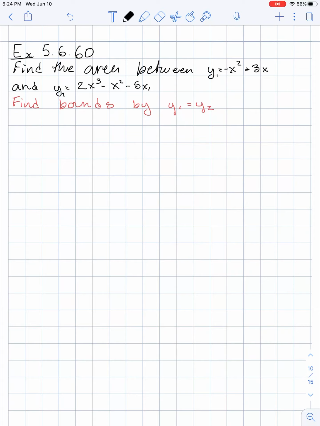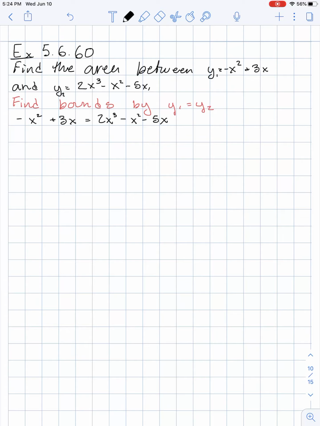So we set those two things equal to each other. So I called y1 negative x squared plus 3x equal to 2x cubed minus x squared minus 5x.